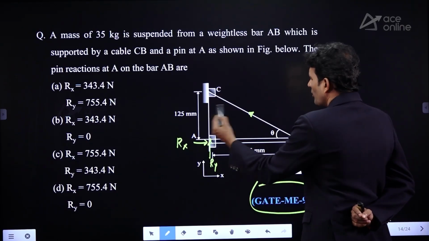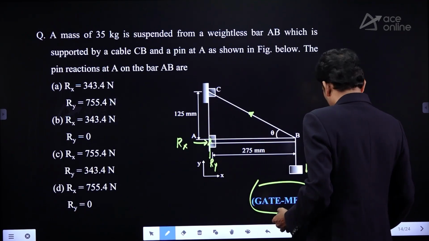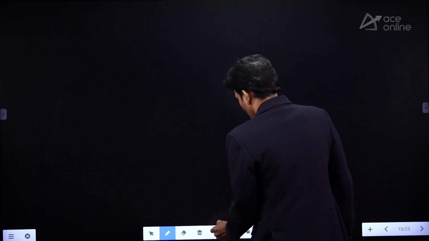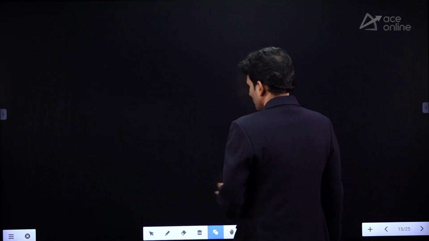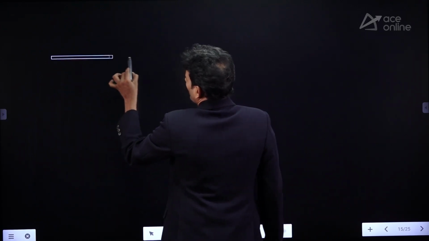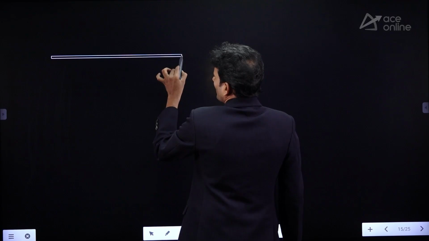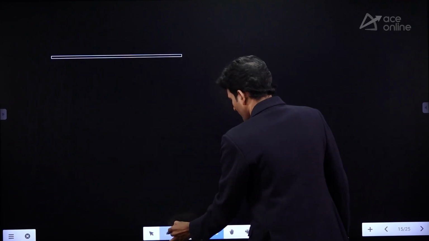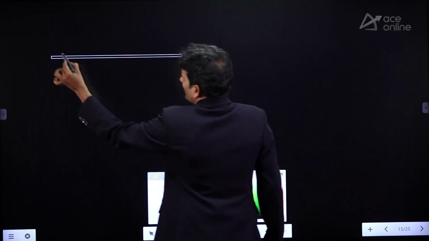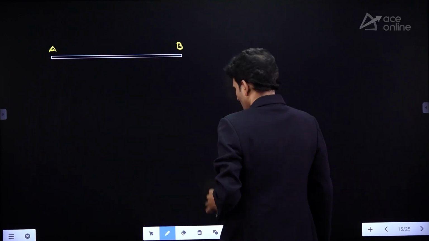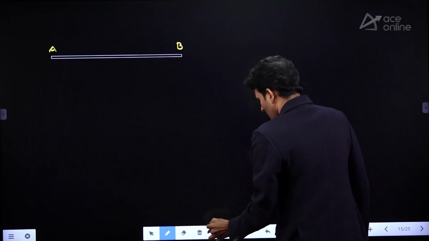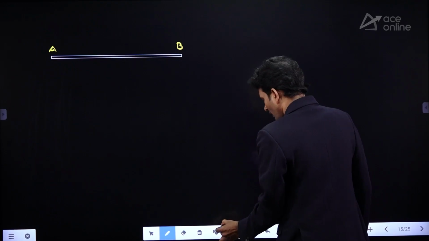So, first take the free body diagram of AB. When I am taking the free body diagram of AB, this is A and this is B we are having, right? Now, at B we are having a string or a cable.